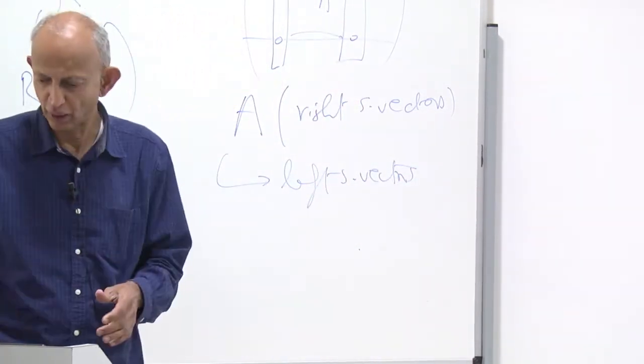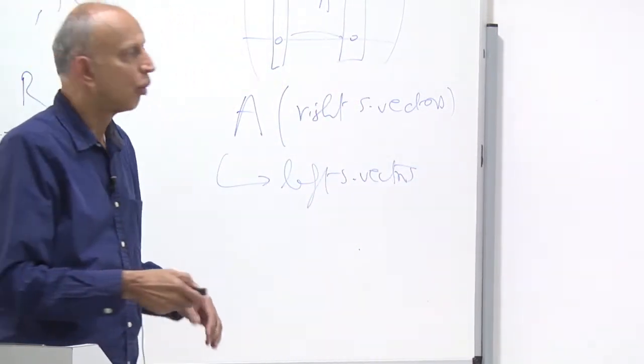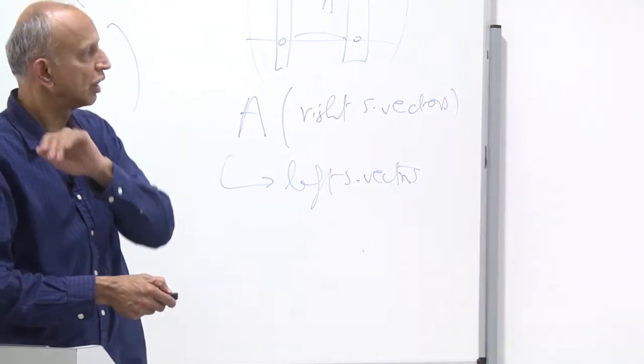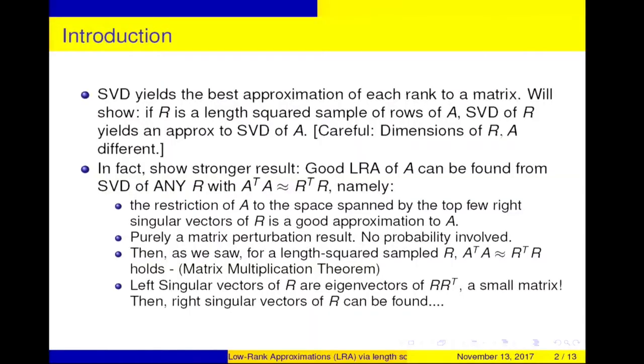So the essential computation I have to do is to find the spectral decomposition of a very small matrix. Okay? But then I have to do some matrix vector multiplications. Those are simpler. Right? Okay, this is the gist of the story.